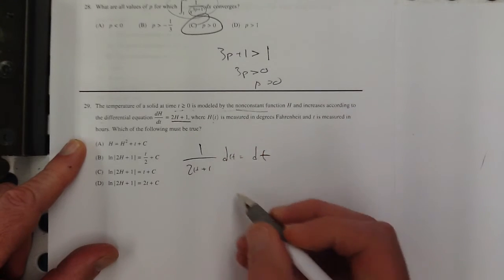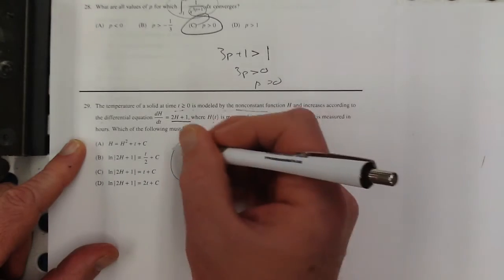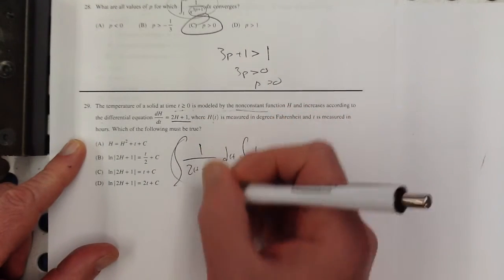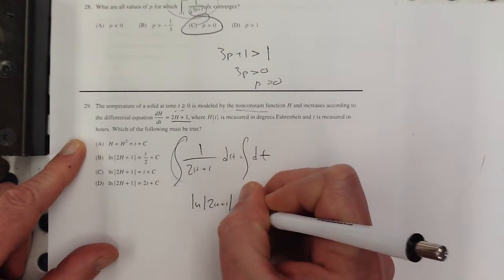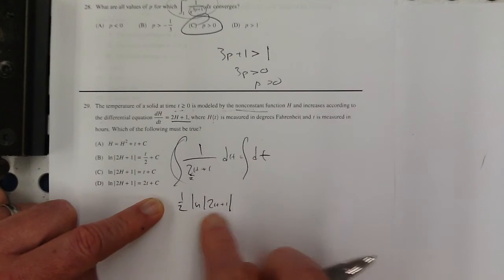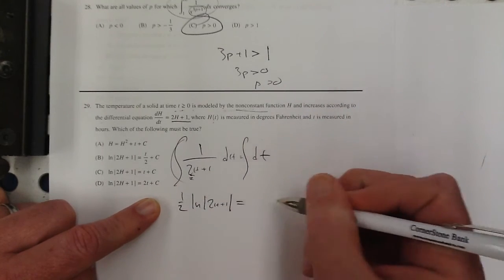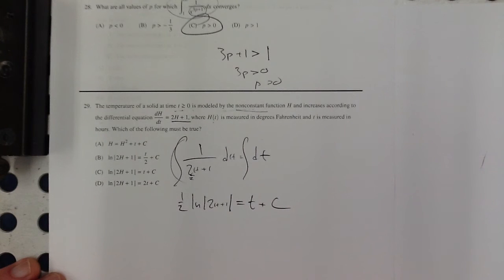So here, taking the antiderivatives of both sides, that would give me natural log of 2h plus 1, and I'd have to put a 1/2 out there because of that. If you think about how the chain rule works, you should be pretty comfortable with that at this point.